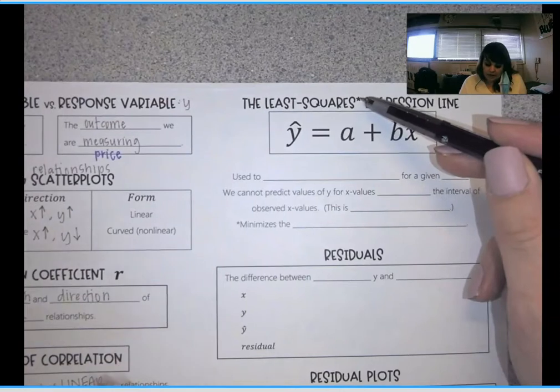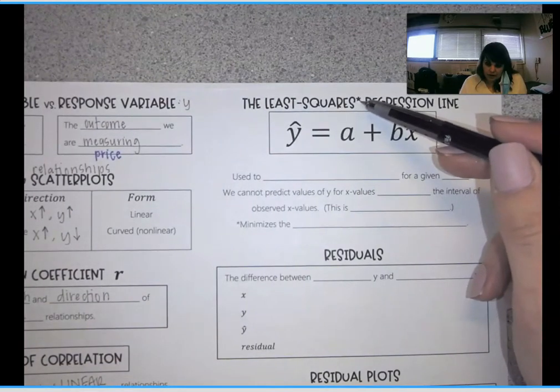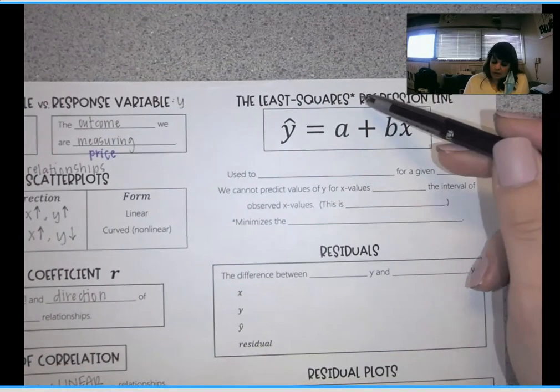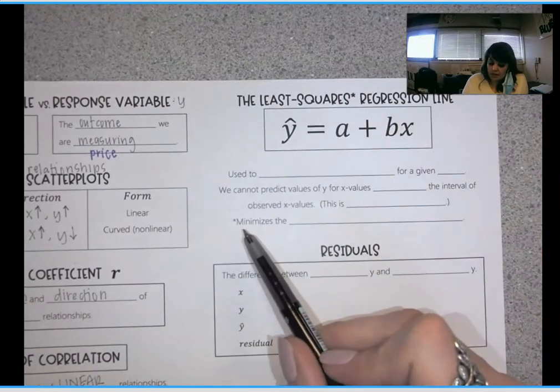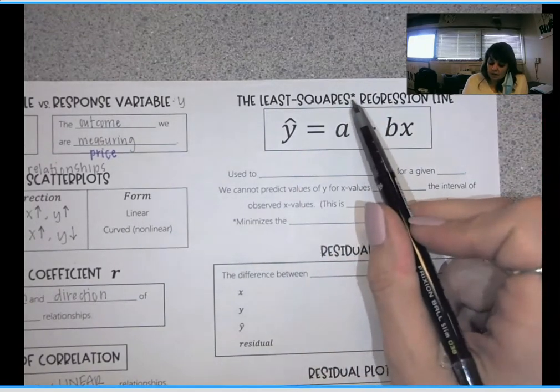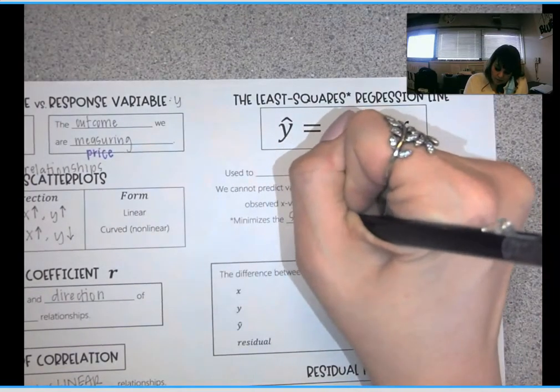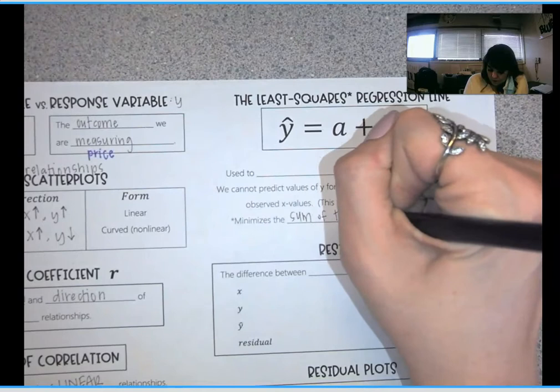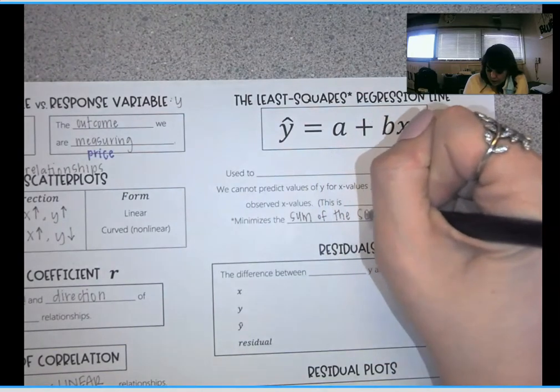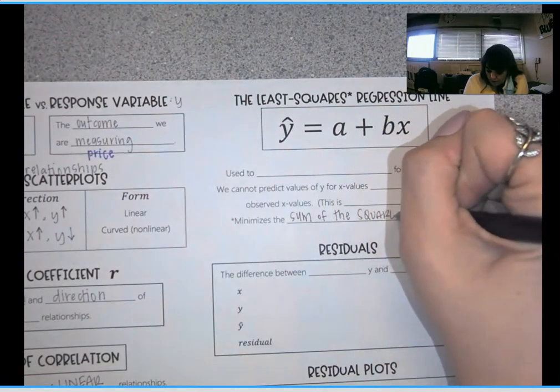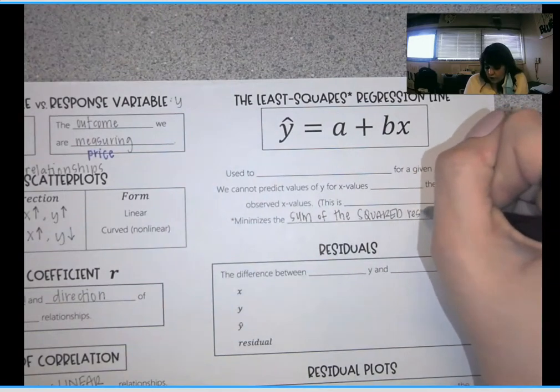Now notice I have this little asterisk here. That's because one of the important things to remember is that the least squares regression line minimizes the sum of the squared residuals.